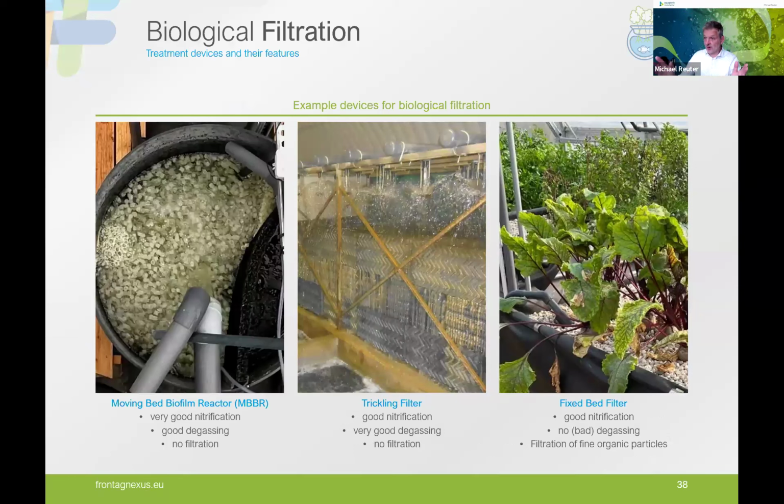There are many different forms again of biological filters. One very current filter is a moving bed biofilm reactor. It has very good nitrification, also good degassing characteristics, but more or less no filtration.